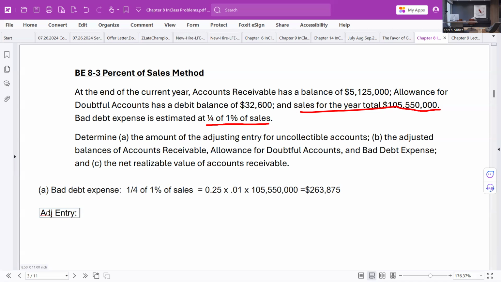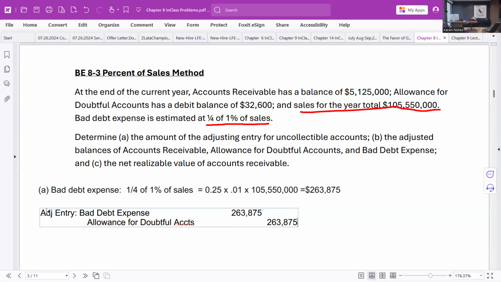The adjusting entry would be a debit to bad debt expense for 263,875 and a credit to the allowance for doubtful accounts for 263,875.